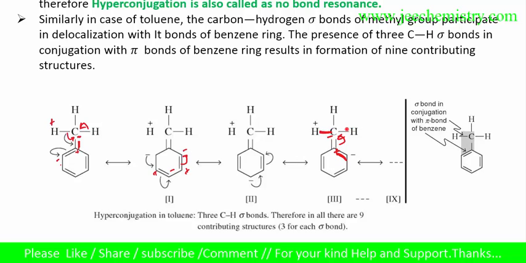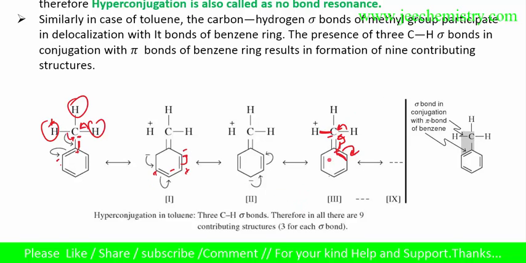Now it will shift to these positions. Again the same process will repeat, this becomes a minus, and this pi bond shifts to these positions, and plus and minus will form a bond. Again the same thing will repeat. Now this will generate three structures, this will generate three structures, this will generate three structures. Total 9 structures are generated.